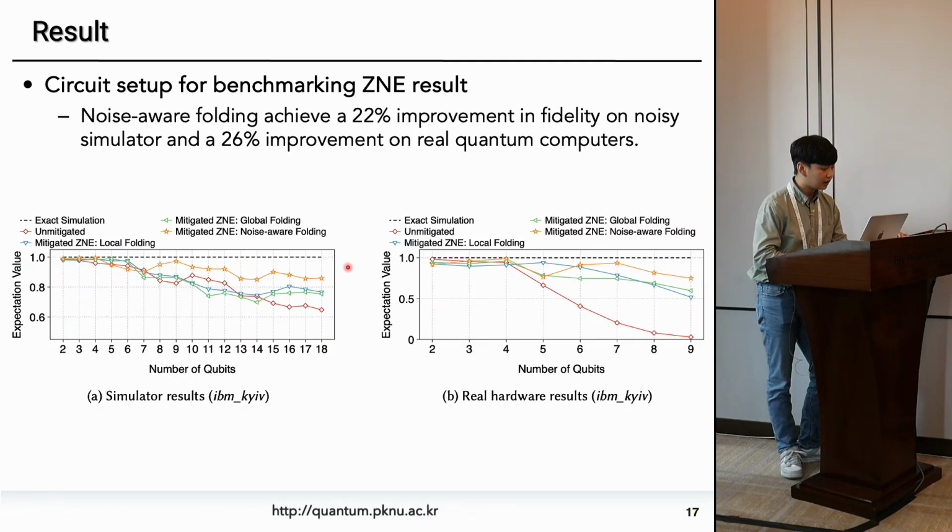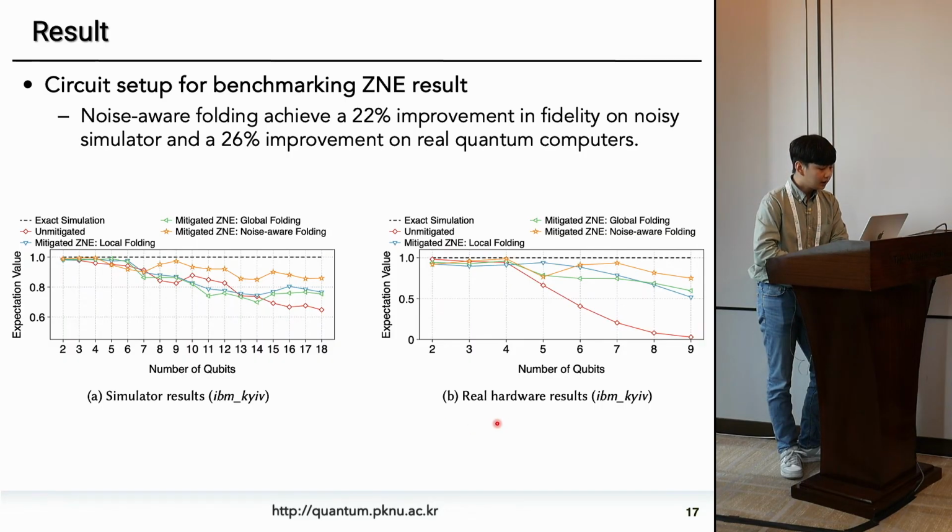And we can see that the mitigated result of the noise aware folding, starting from about 6-7 qubits, spikes up and the expectation value at that point improves as well compared to the others. And in some cases, noticeably around here, the mitigated results for global and local folding are actually much worse than the unmitigated result.